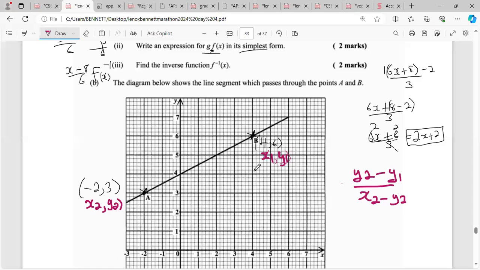All right, so we name y2 as 3, so it's going to be 3 minus 6, because that's y1, over x2 is -2, so it's -2. Put back a minus. Sometimes students tend to forget the minus here.